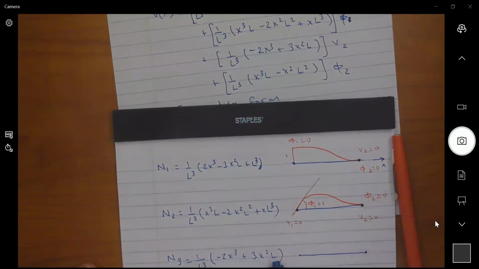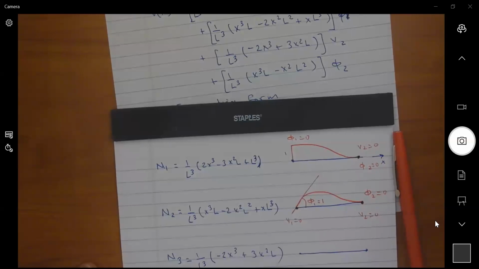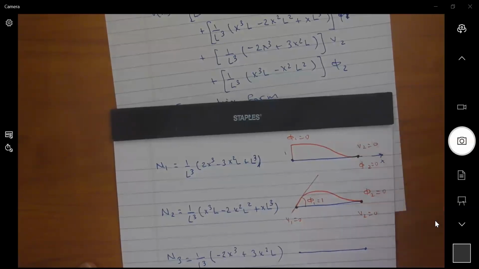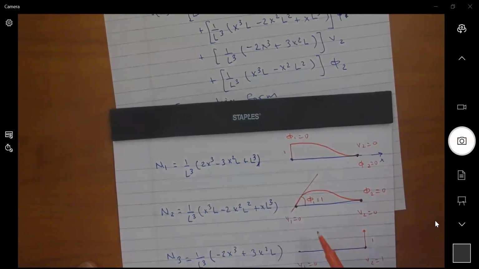At x equals L, we're going to get a 1. So it's going to be equal to 1 here and 0. So I have v2 equal to 1, phi2 equal to 0, and v1 must be a 0, and phi1 also is 0. So it's going to look like this.